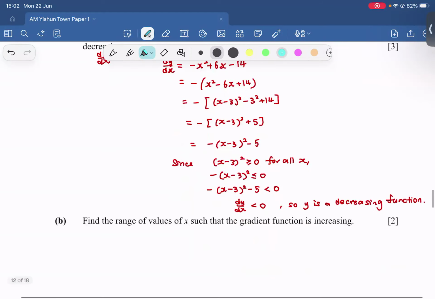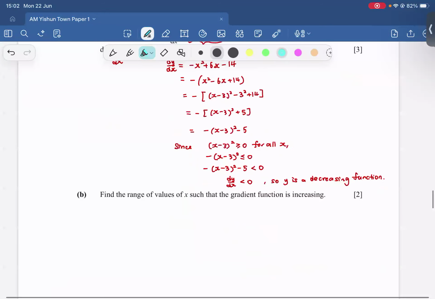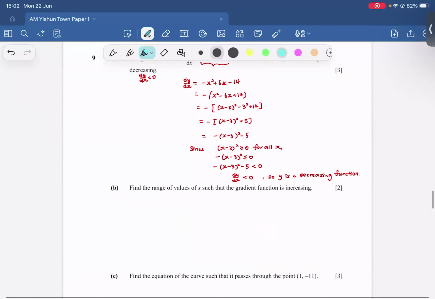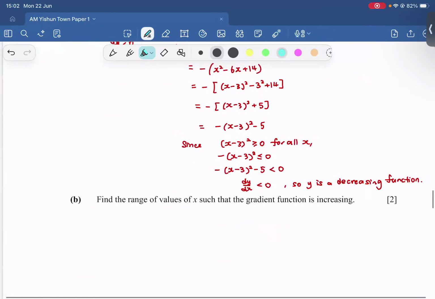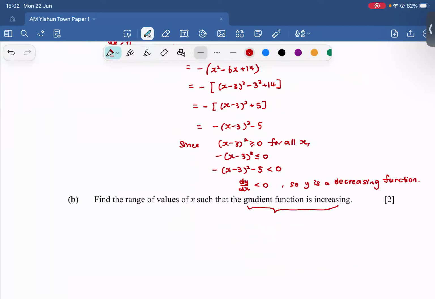Okay, next part, find the range of x such that the gradient function is increasing. So they're telling me the gradient is increasing. When the gradient is increasing means what? It means d2y/dx squared is more than 0. Okay, y increasing means dy/dx more than 0. dy/dx is increasing means d2y/dx squared is more than 0.